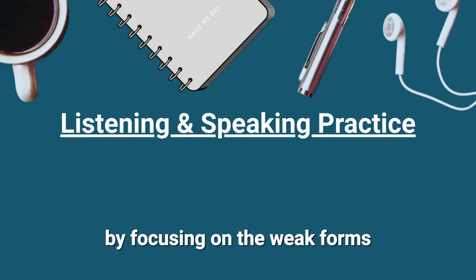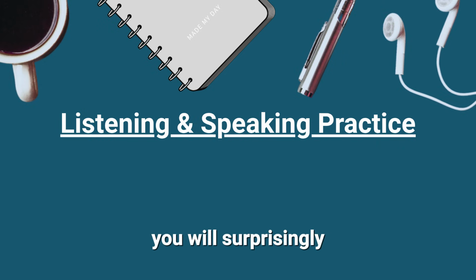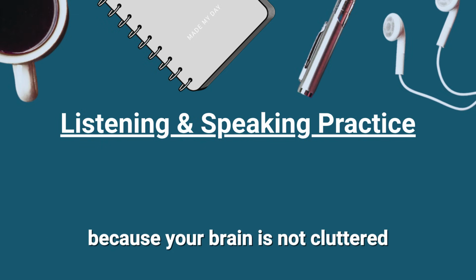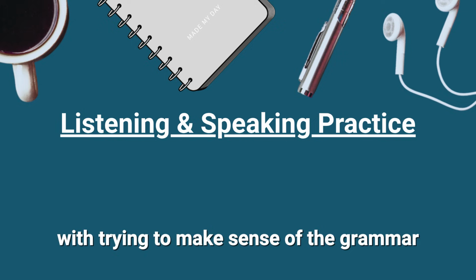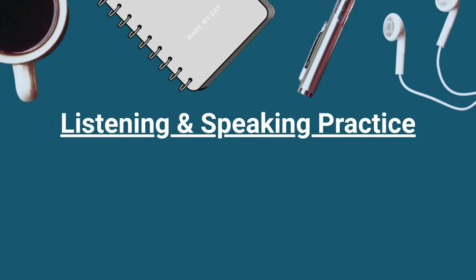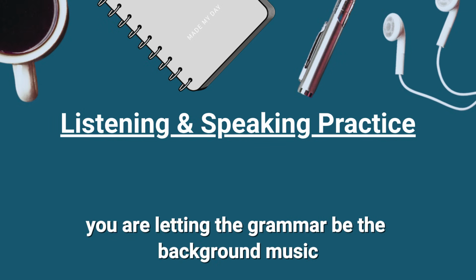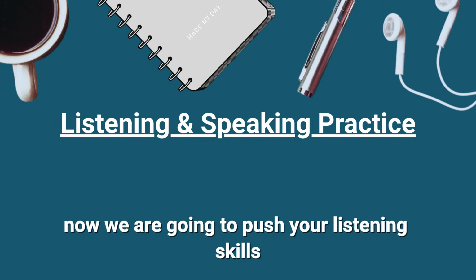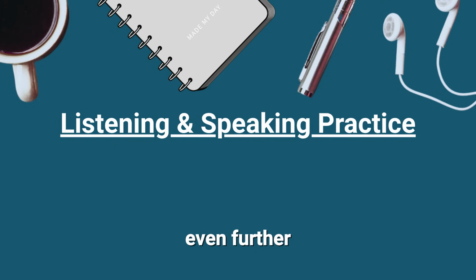By focusing on the weak forms, you will surprisingly start to understand the strong words better, because your brain is not cluttered with trying to make sense of the grammar. You are letting the grammar be the background music, and the lyrics are the content words. Now, we are going to push your listening skills even further.